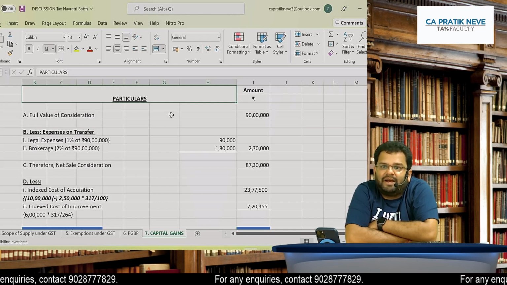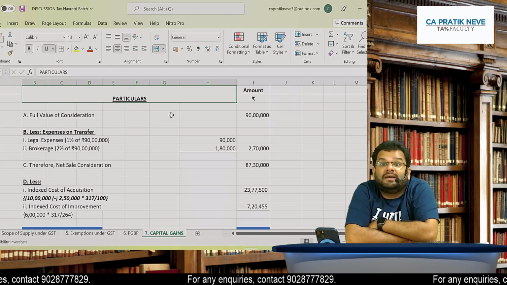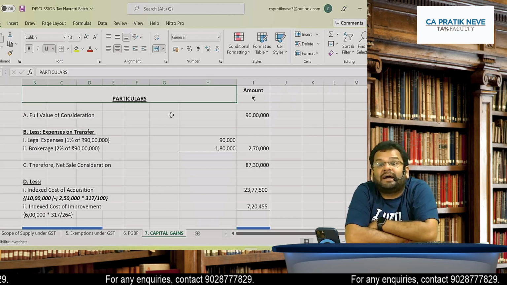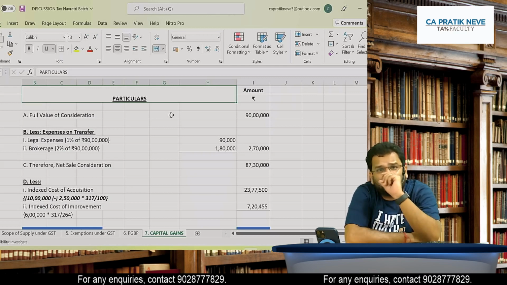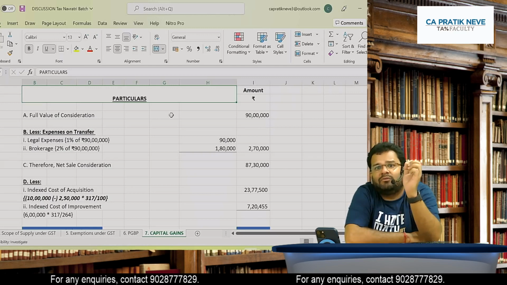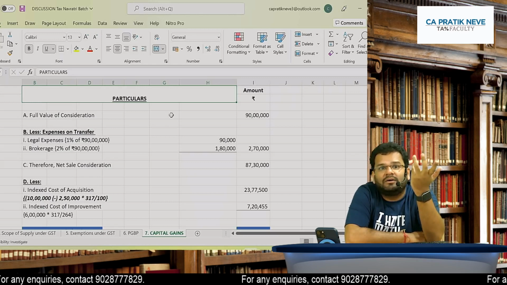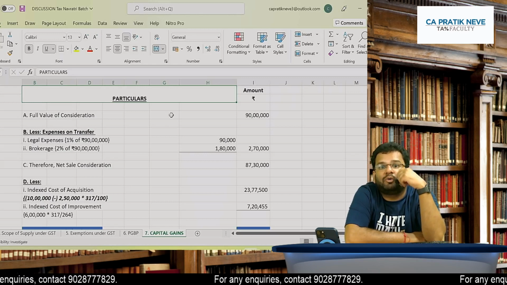Agreed. And what happened, you know? He said that he will purchase the property for 1 crore 20 lakhs. So he gave me 2 lakhs advance. And he said, just wait for 1 month, I will give you the other amount of consideration. I said, okay. So I stopped searching for potential buyers.